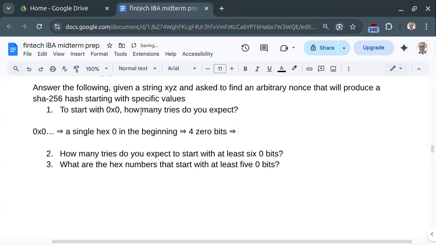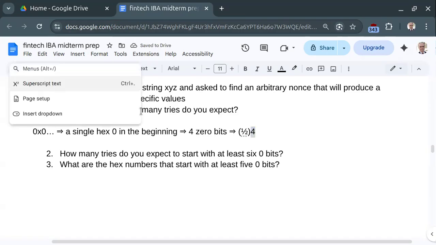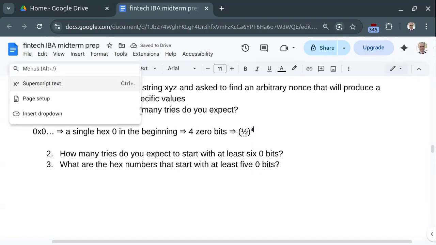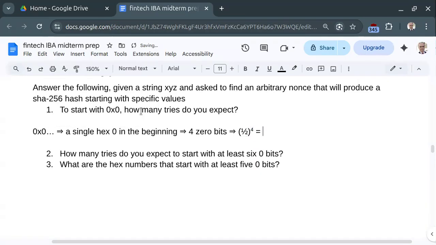So the probability is 1 divided by 2, which is for 1 0 bit, and all of that to the fourth power. 2 to the fourth is 16. So it's 1 divided by 16.